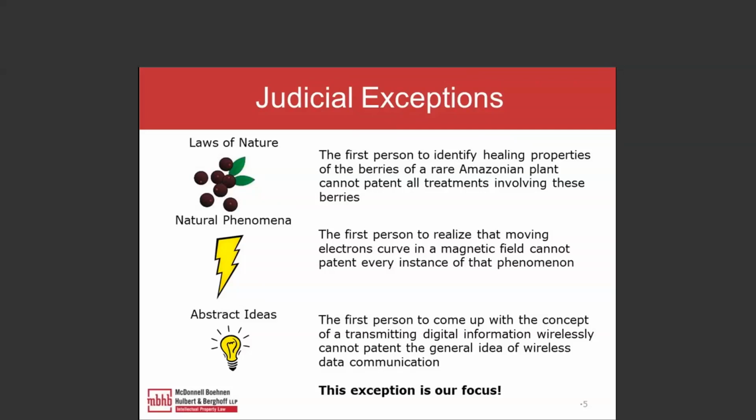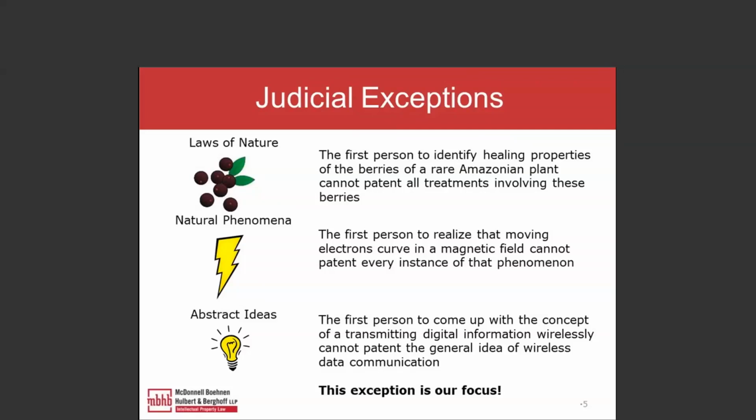So the notion here is that the Supreme Court thinks that these three exceptions are just areas of science and technology that are so fundamental that they need to remain in the public domain. So what can I get a patent on? Well, it's some use, some practical application, some narrower version of a use of these exceptions.